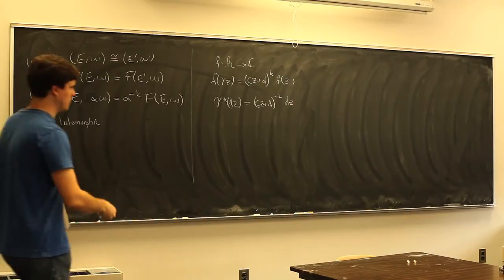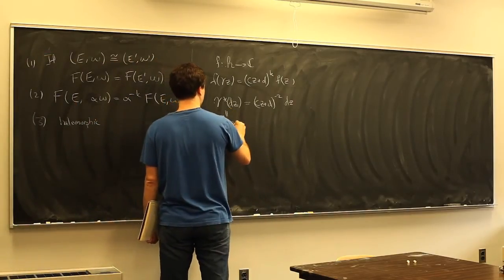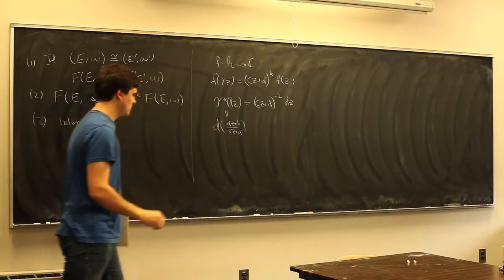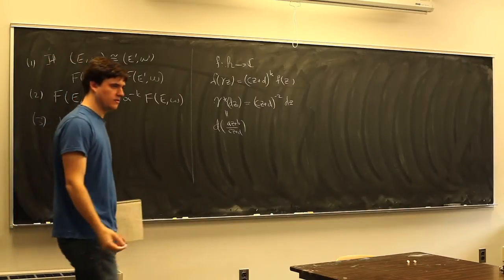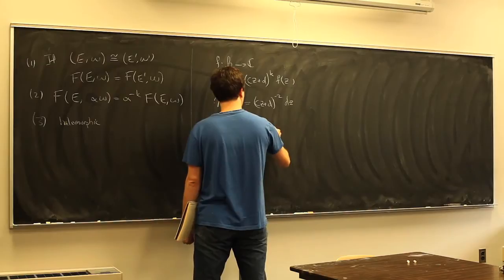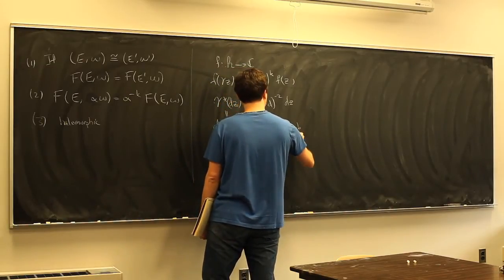So let me show you how this works. This is easy. This thing by definition is just d of (az plus b) over (cz plus d). And so we figure that out just by taking derivatives in calculus. So this is a over (cz plus d) minus (az plus b) over (cz plus d) squared.